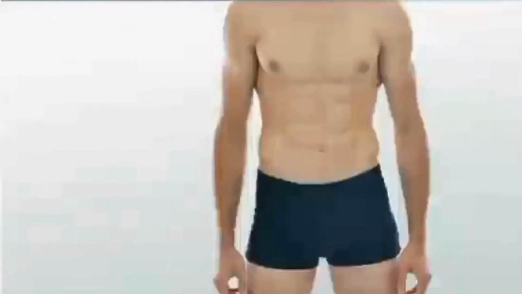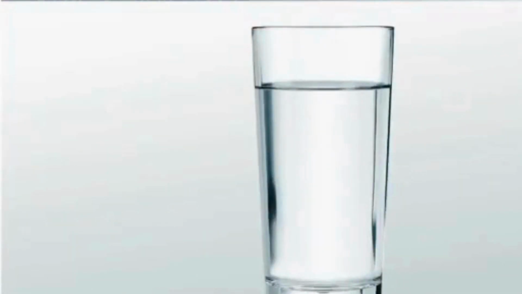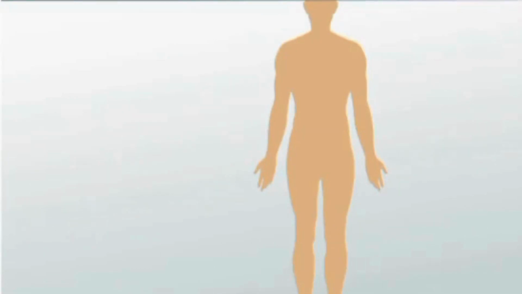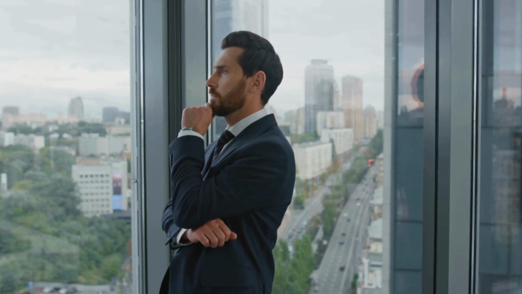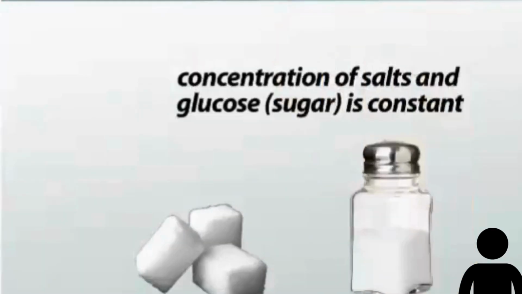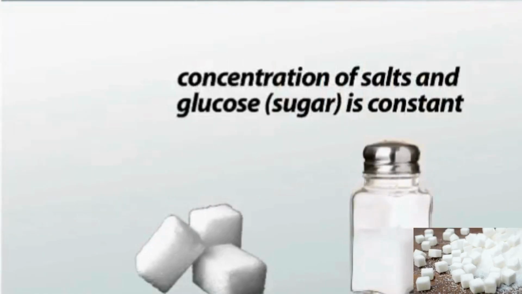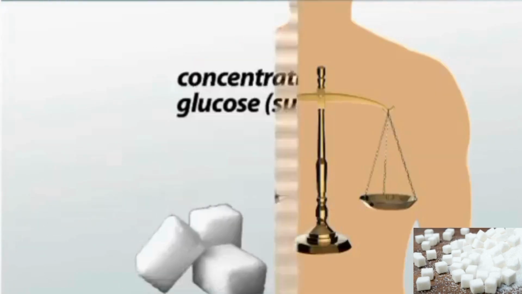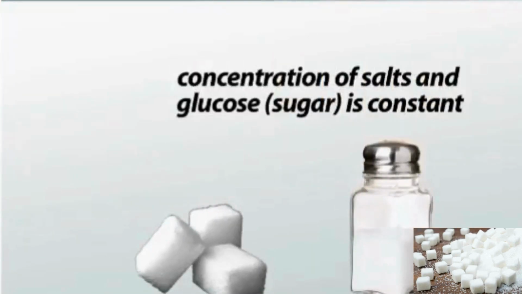Have you ever pondered on this? Maintenance of body size is another example of homeostasis, even without us thinking about it. That is simply amazing, right? There are other examples of homeostasis in our body. For example, the concentration of salt, glucose, or sugar is constant.